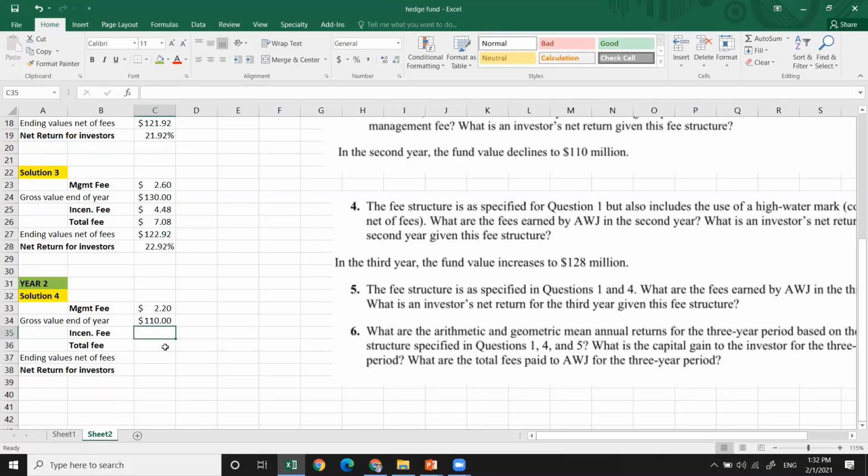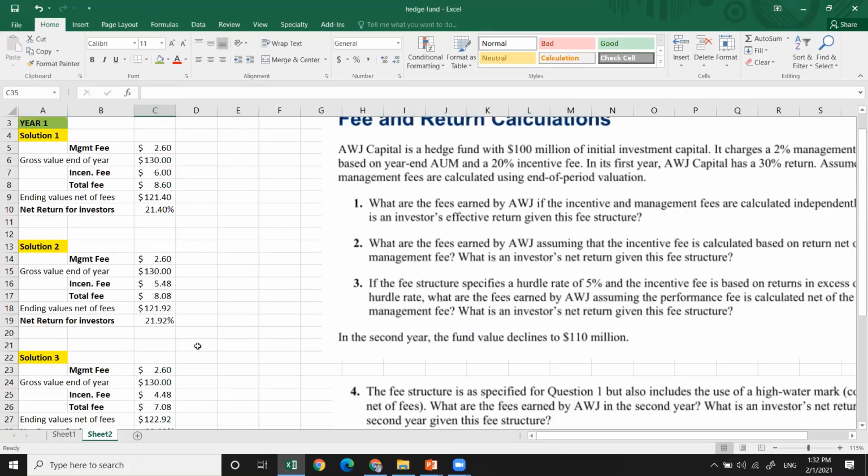My end of year value is 110, and what is my beginning year value? It's the ending of year 1, from the first question, not these other conditions. There is no management fee in the incentive fee, and there is no hurdle rate.